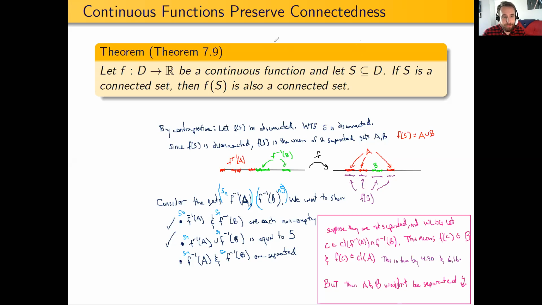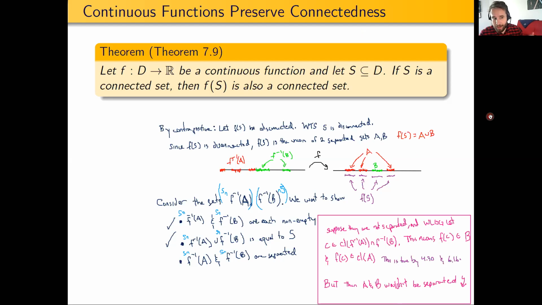What that would mean, right, is that there exists at least one point in the intersection of either the closure of the preimage of A and the preimage of B, or the closure of the preimage of B and the preimage of A, right? So to be separated, we would need both of those intersections, the closure of one intersect the other, or the closure of the other intersect the first, to be empty. For them not to be separated, we would need one of those to be non-empty.